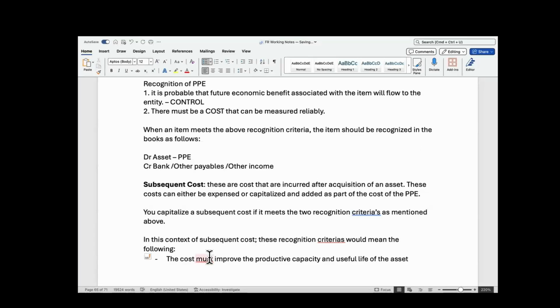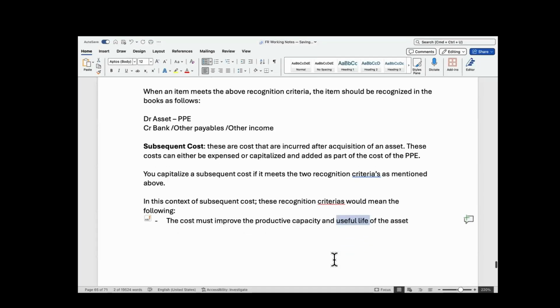the cost that you have incurred, this subsequent cost, must be able to improve the productive capacity of the assets, and it must also be able to improve the useful life of the asset. When we have a cost that can do that, then it has met those criteria, even if it is a subsequent cost.